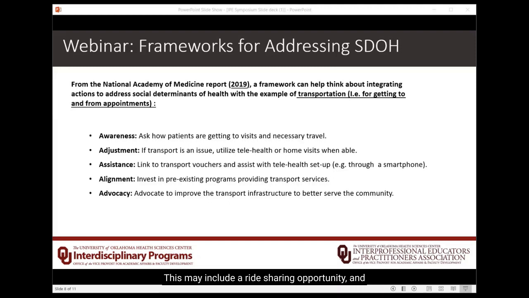This may include a ride sharing opportunity. And then advocacy can come into play when healthcare providers actively advocate for improvements in the existing transportation infrastructure, including rideshare programs, municipal bus route schedules, and stops that can help patients get to and from their appointments.